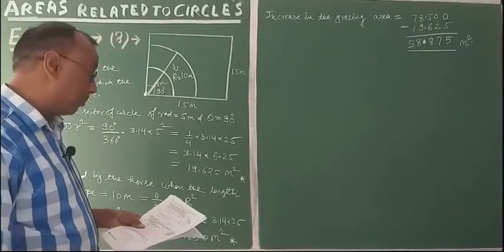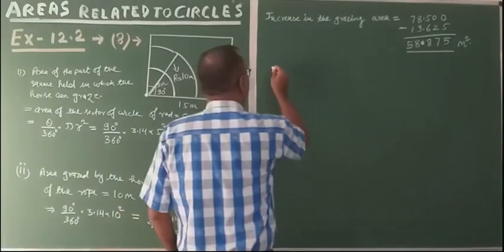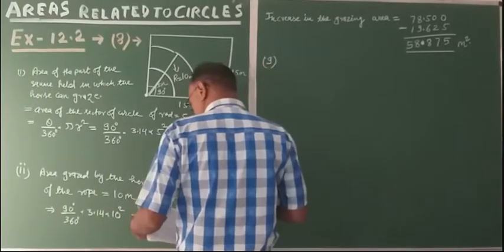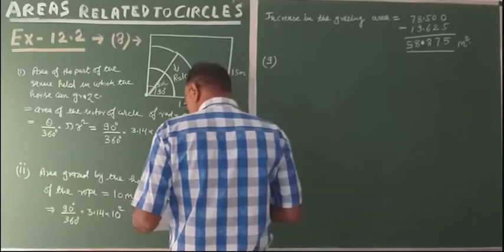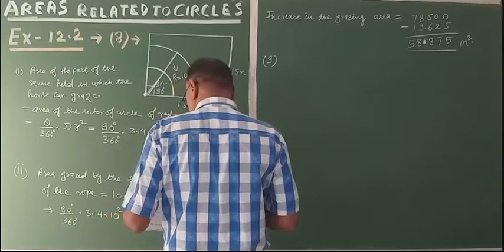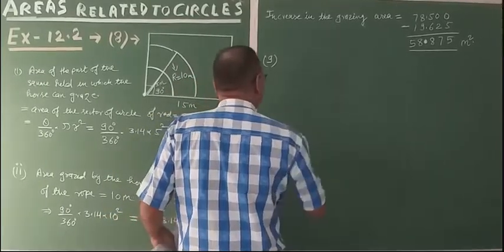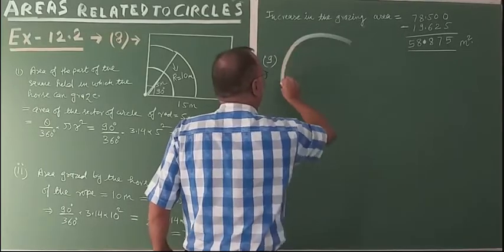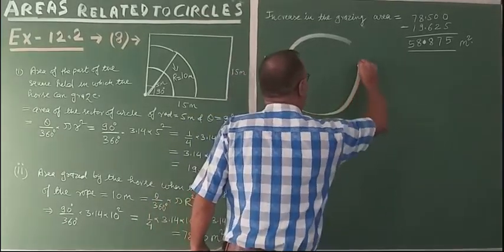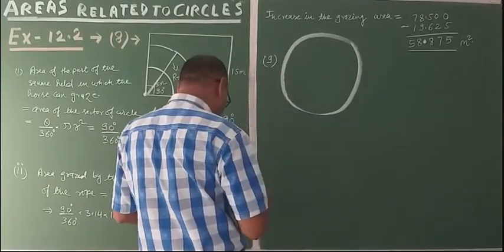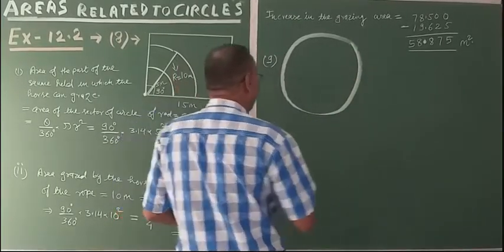Now this is question number 9. A brook is made with silver wire in the form of a circle with diameter 35 mm. This is the brook, made by the silver wire in the form of a circle with diameter 35 mm.